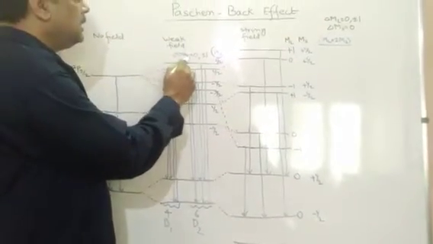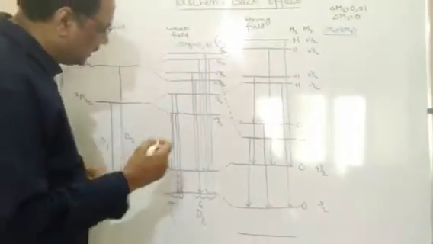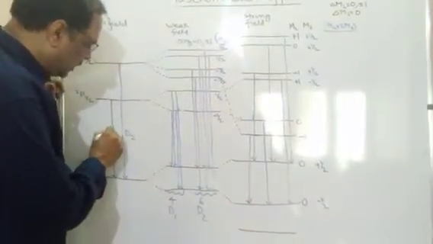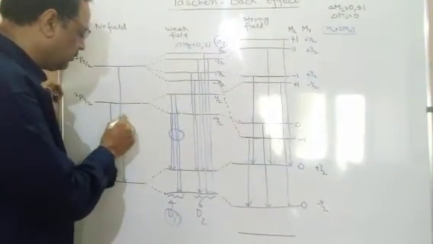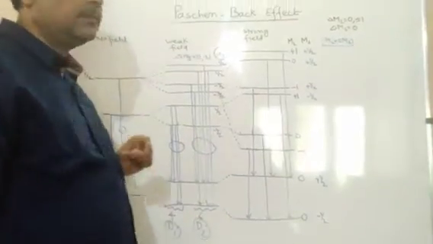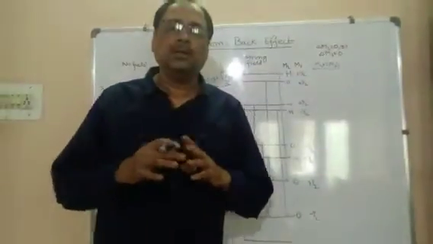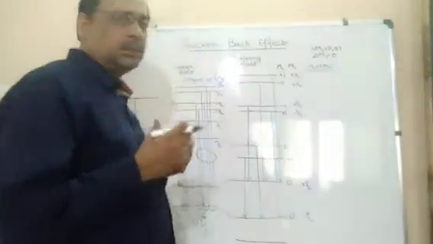Then delta mj is 0 and plus minus 1, and we get that there are 4 lines for D1, and similarly we get 6 lines in D2. Now the question arises: when we apply a stronger magnetic field, then what happens?